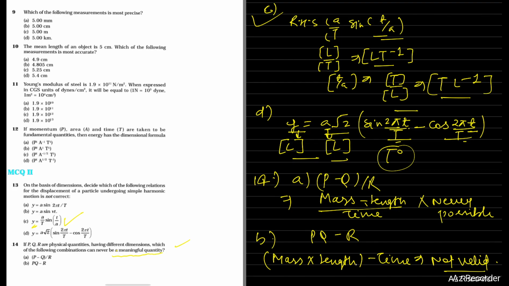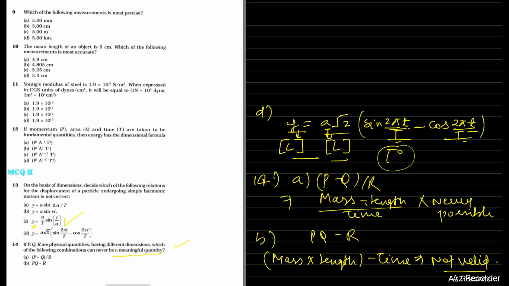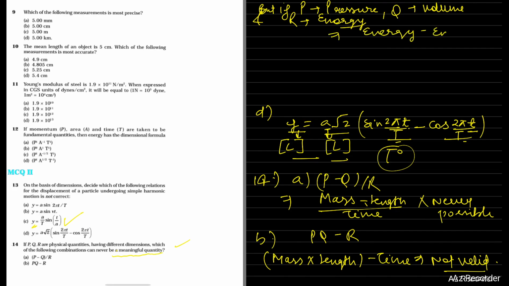But if P is taken as pressure, Q as a volume, and R as energy, then it would be energy, which is perfect.